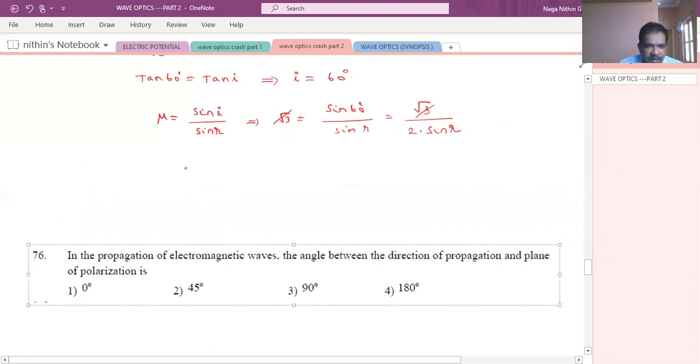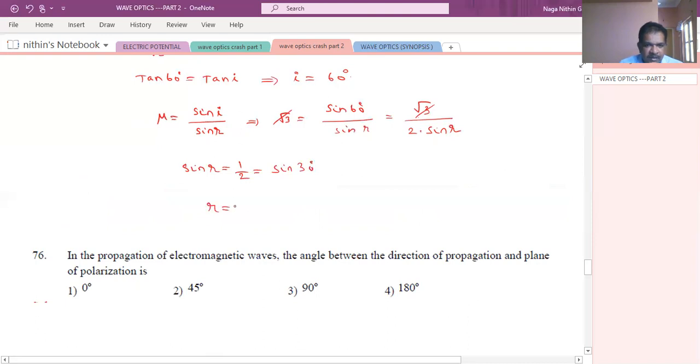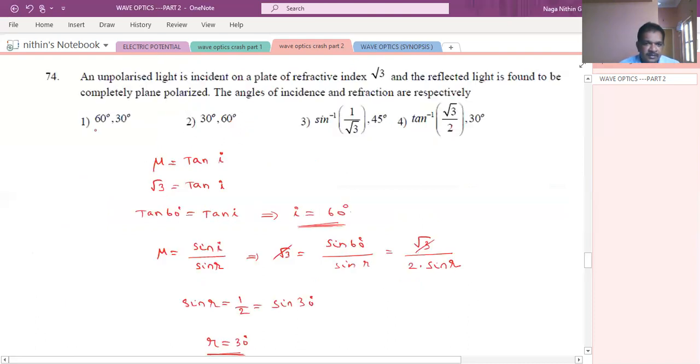So sine R is equal to 1 by 2, sine 30 degrees. R is equal to 30 degrees. Therefore, R is equal to 30, I is equal to 60 will be the answers. 60, 30, these are the answers.